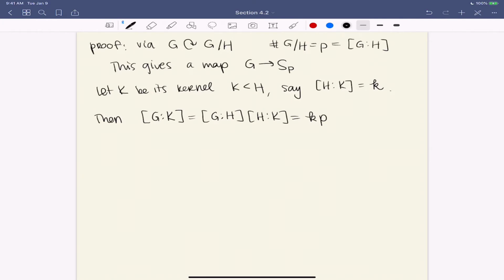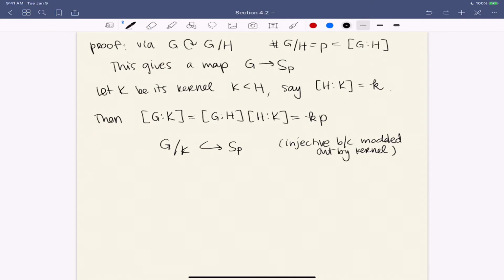Now we consider the map G mod K going into SP, which is just this map, but now we've modded out by the kernel, so it's injective, because modded out by the kernel.